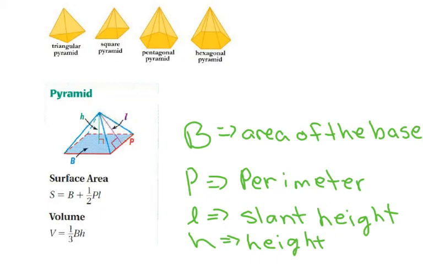To calculate the volume, that's 1/3 times the area of the base times the height. The height comes down from the point to the base at a 90-degree angle.